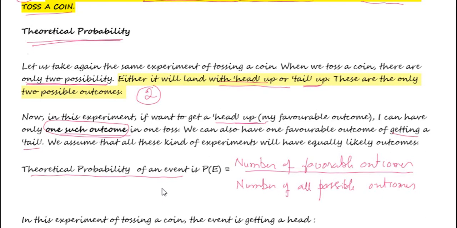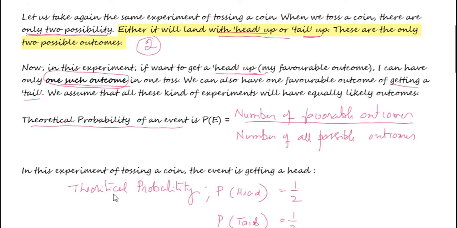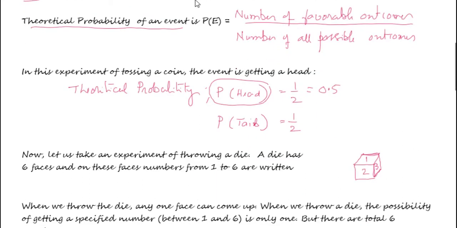So the probability of getting head is number of favorable outcomes, only 1, and total outcomes, 2. So the probability is half, that is 0.5.